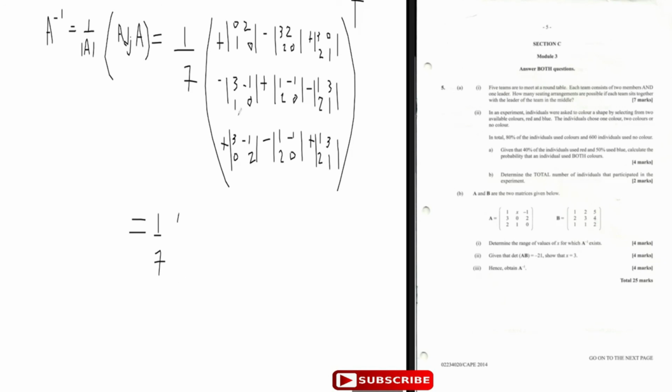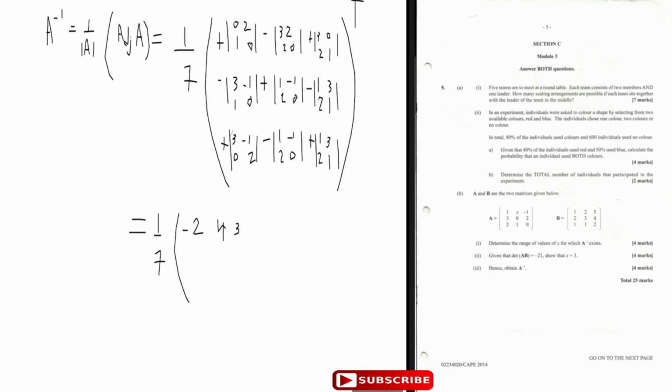So the cofactor matrix is going to work out to be 0 minus 2 is minus 2. This part is going to be 0 minus 4 is minus 4. Minus of minus 4 is 4. And here is going to be 3 times 1 is 3 minus 0, that's just 3. 3 times 0 is 0.